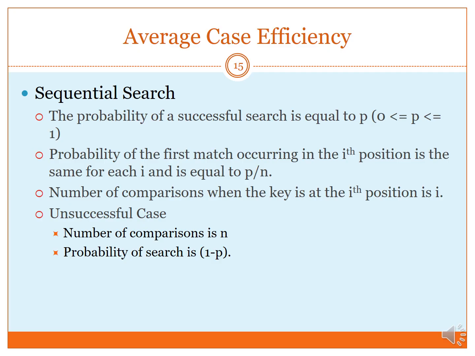For sequential search, suppose the probability of finding the element is represented by p. If the search is successful, the average number of comparisons depends on where the element is located. If the search is unsuccessful, all the elements are compared. These probabilities are combined to calculate the expected number of comparisons.